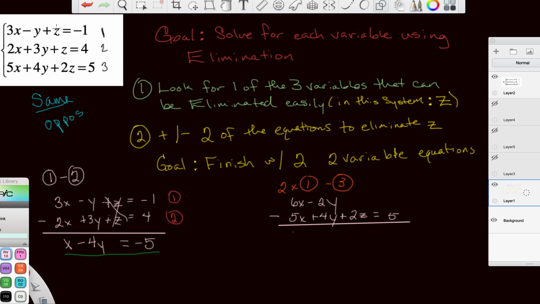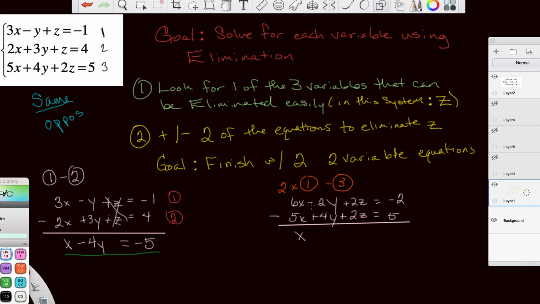Positive z times 2 gives me 2z equals negative 1 times 2, which is negative 2. Now I can subtract, right? 6x minus 5x gives me an x.